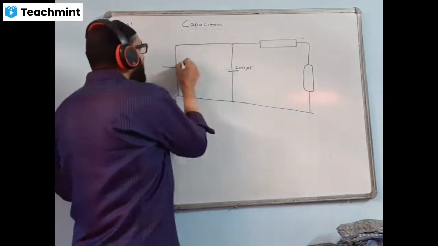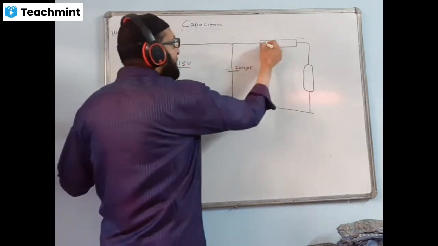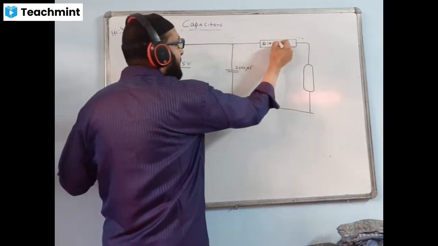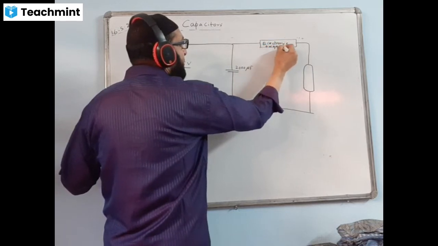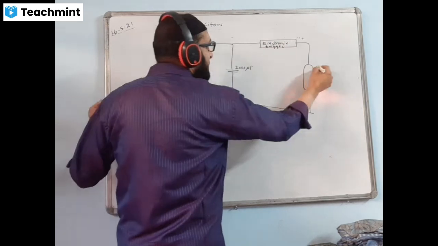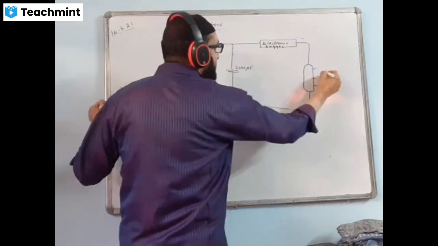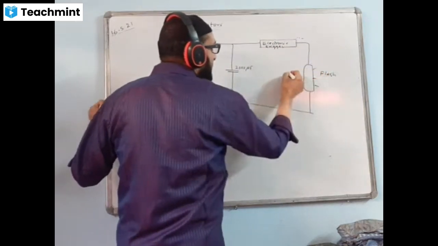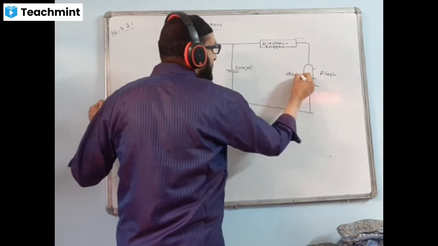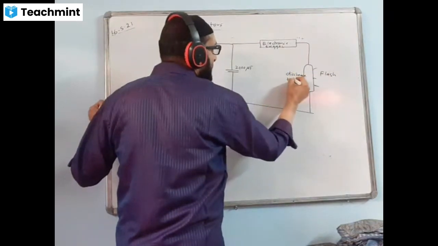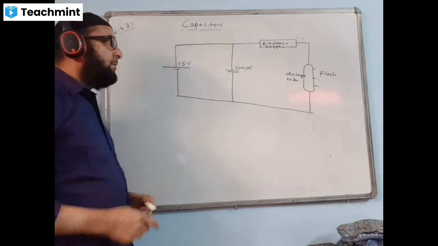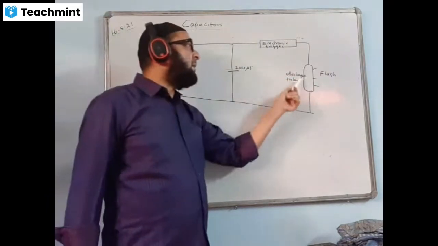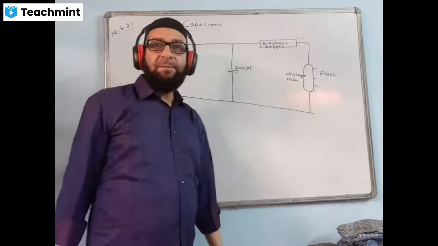This is the electronic trigger. This is the flash discharge tube. This is the light emitted by the discharge tube in the form of flashing. Okay, this is the figure given.